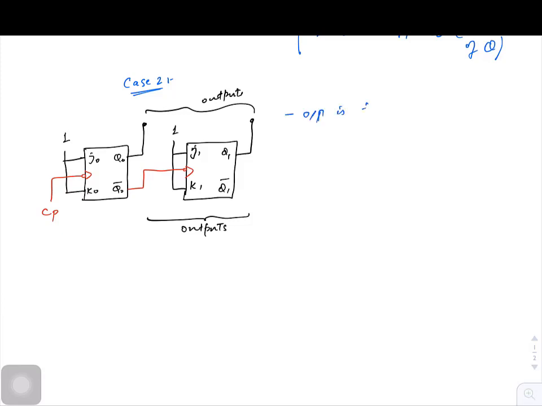Output is taken across Q only, like that of up counter, but the difference lies in the clock.